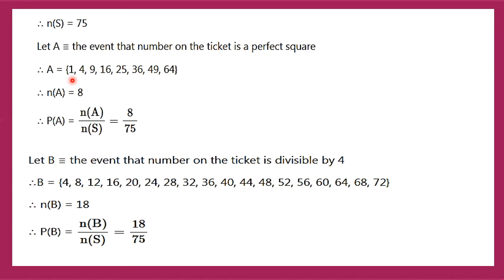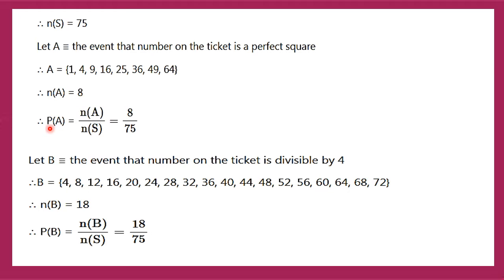These numbers are the perfect squares between 1 and 75. 1 is the square of 1, 4 is the square of 2, like that, 64 is the square of 8. So there are 8 elements in this event A. n of A equal to 8.